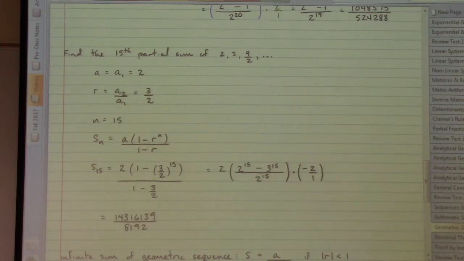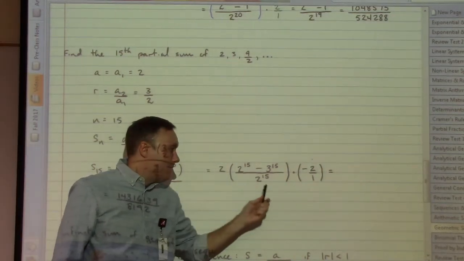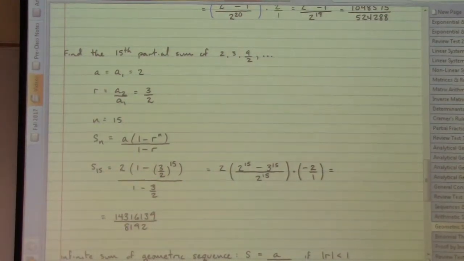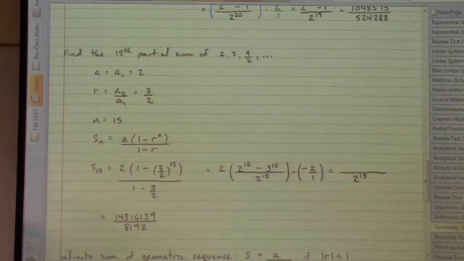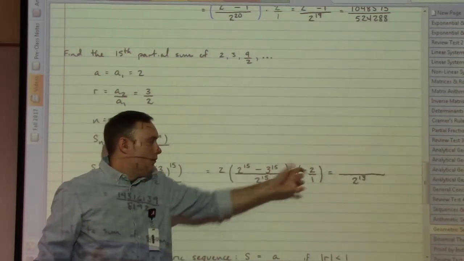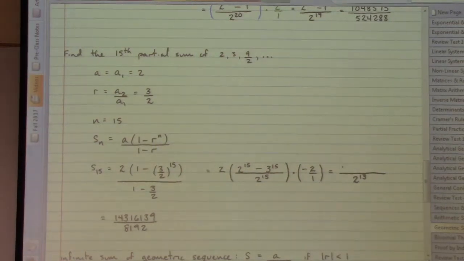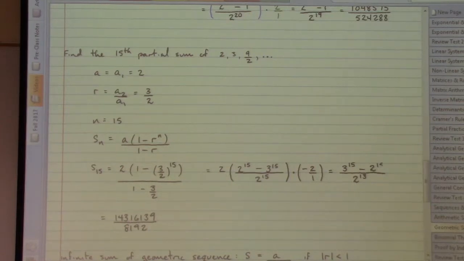So if I go through and I do this, I can do a little bit of simplifying here, where I've got a 2 and another 2 on top. That means that down on the bottom I can cut back on that power so that that denominator would be a 2 power of 13. Up on the top, the negative will change the order of this subtraction so that it would be a 3 power of 15 minus a 2 power of 15.